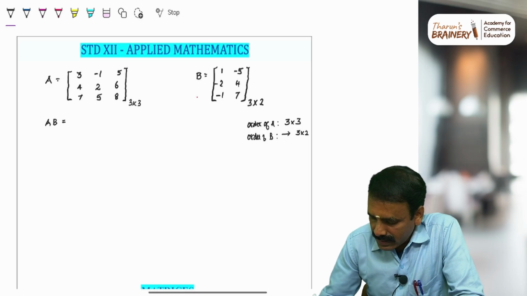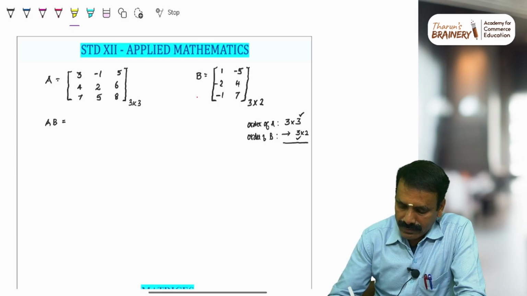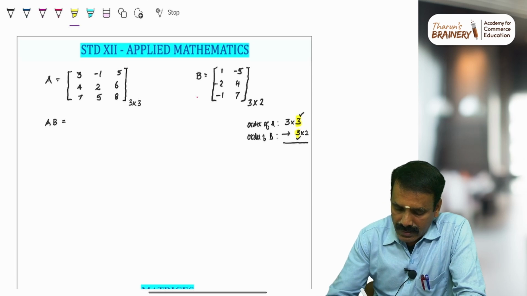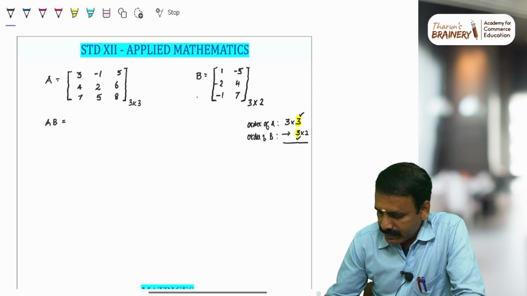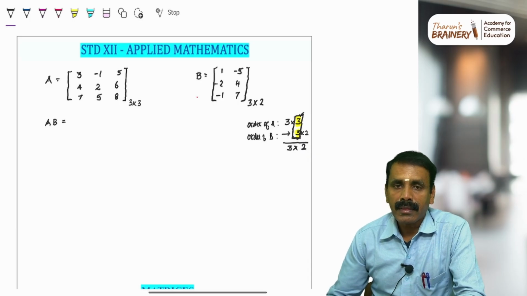So I check: the number of columns in the first matrix is equal to the number of rows in the second matrix. Yes, it is equal. So I can find the product. So here 3 and here also 3. They are equal. So what is the order of the resultant matrix? The order of the resultant matrix is 3 by 2. We can multiply only when these two numbers are the same.